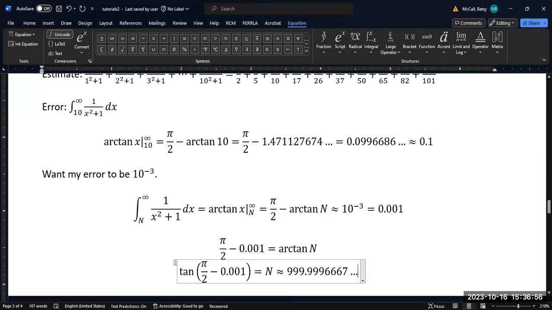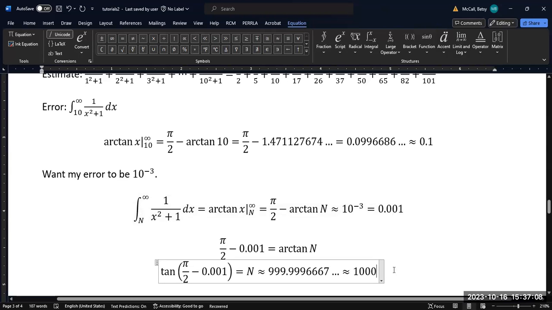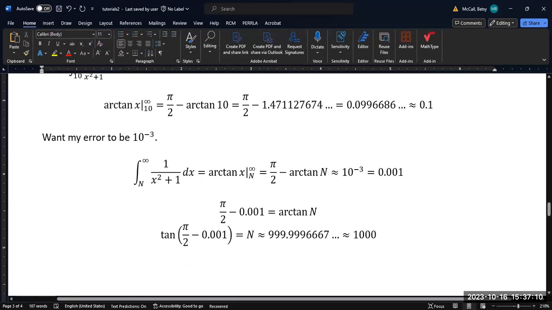And you always want to think of these counts as thresholds, so you need to round up. So this will be equal to 1,000. So if I wanted to get within 3 decimal places of my exact value for this sum, then I would need 1,000 terms to make that happen. That's a lot of terms.